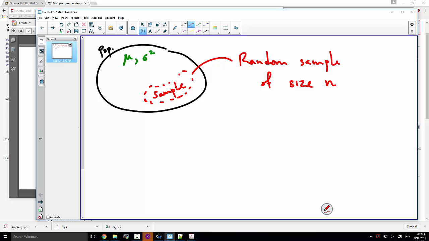Because it's a random sample, each of the individuals are viewed as independent of everybody else and identically distributed, which means they all came from the same distribution. Whatever the distribution is, they all came from it. So they all have the same population mean and variance. Let me just remind us, independent and identically distributed, IID. That's what we mean in this class by random sample.